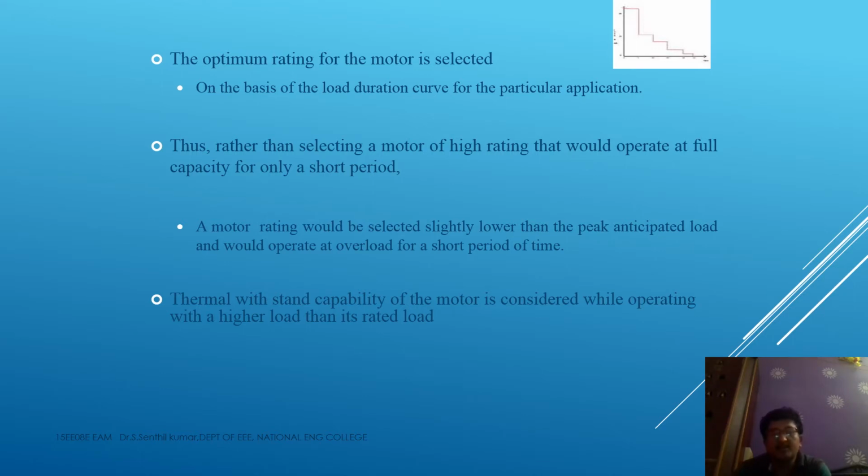When selecting a motor of high rating that would operate at full capacity for only a short duration, we can select a medium rating, just lower than the higher rating, because the motor runs at full load only for short periods.